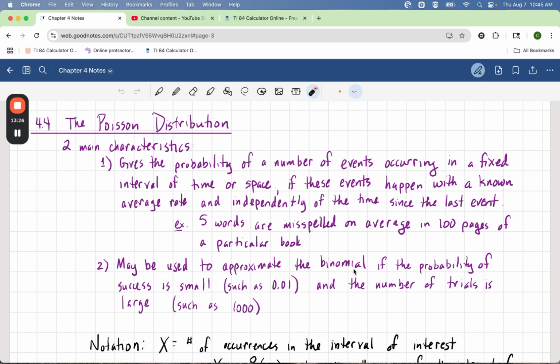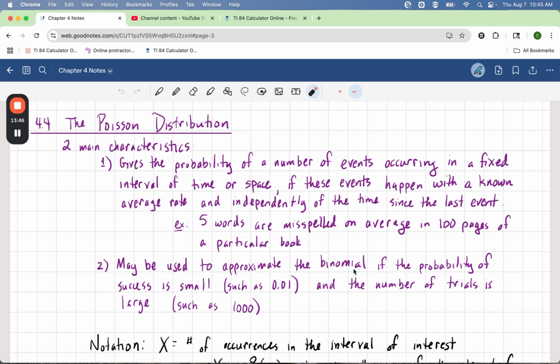An example: 5 words are misspelled on average in 100 pages of a particular book. The other characteristic is that it may be used to approximate the binomial if the probability of success is small, such as 1%, and the number of trials is large, such as 1,000.